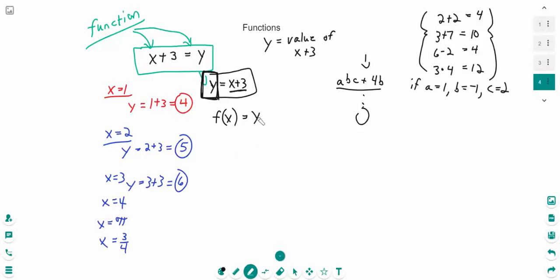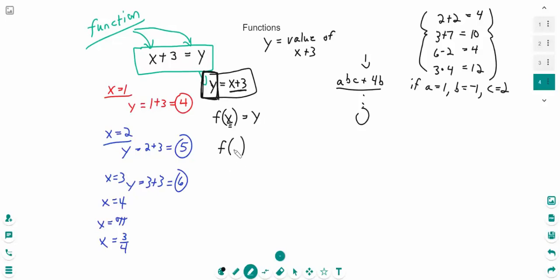The beauty of writing y as f of x is that we're seeing what variable, or what value, we're using to plug in for x. F represents a function. That's why we use f. Most of the time you'll find that we use other letters too, but in this case f represents the word function. So whenever you see f of x, you know we're saying it's a function of x.